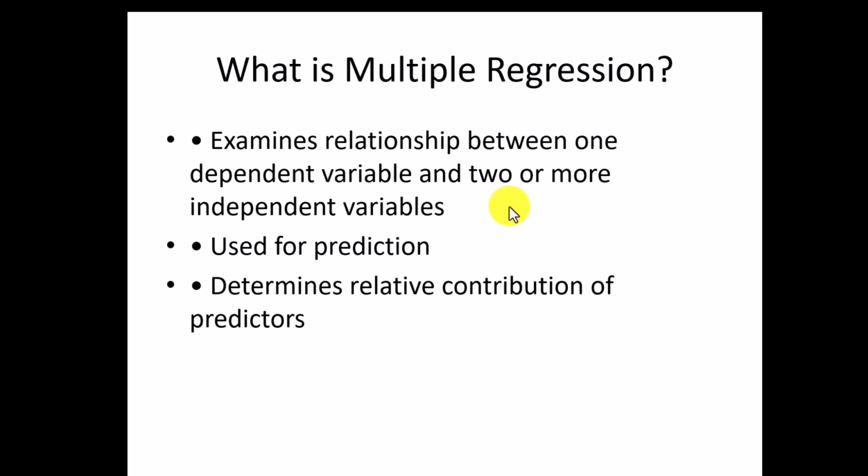But for multiple regression, we are looking at the relationship between two or more independent variables and one dependent variable. So that's why we have a big R that speaks to relationship and it tells us about prediction, not actually causation, but prediction. It also determines relative contributions.